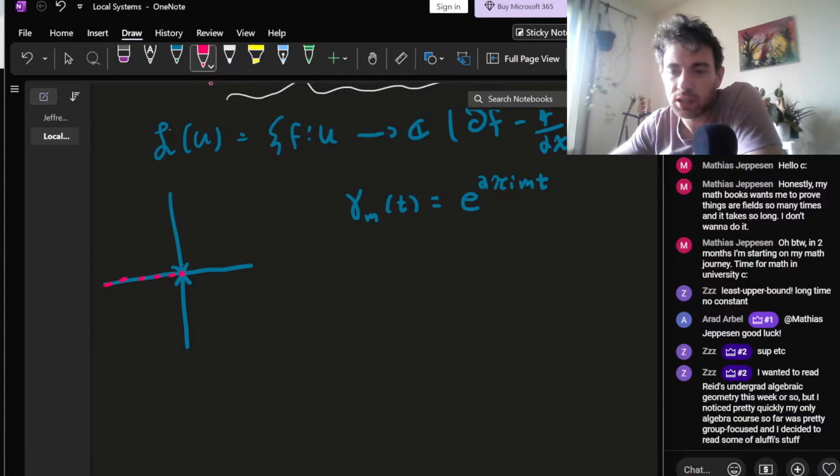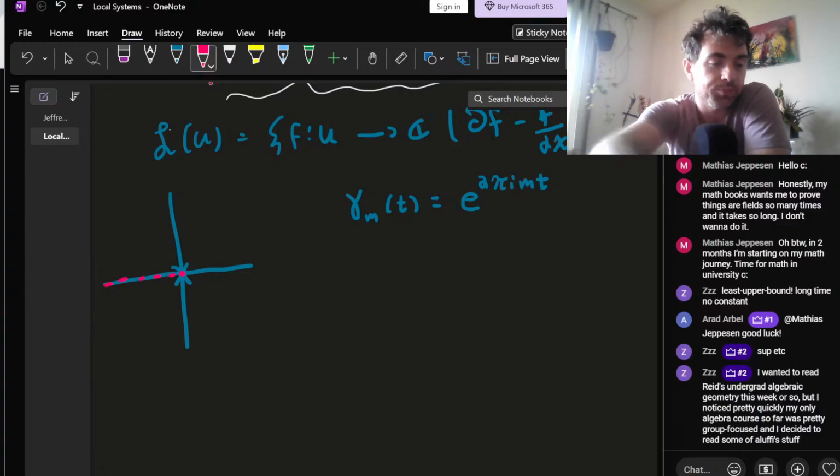You wanted to read Reed's undergrad algebraic geometry this week. In 1 week? That's not a lot of time. But you noticed your only algebra course so far was pretty group focused and decided to read some Aluffi stuff. Yeah, that's not a bad idea.